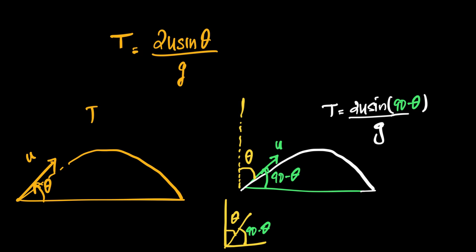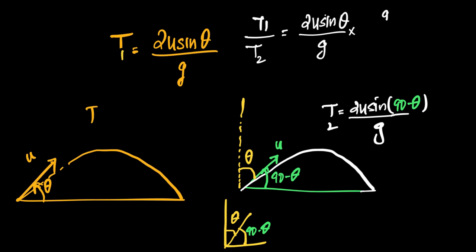Let us take t1 and t2 for our reference. Now let us find the ratio between t1 and t2. So what is t1 by t2? t1 by t2 will be equal to 2u sine theta by g times g by 2u sine 90 minus theta, right?